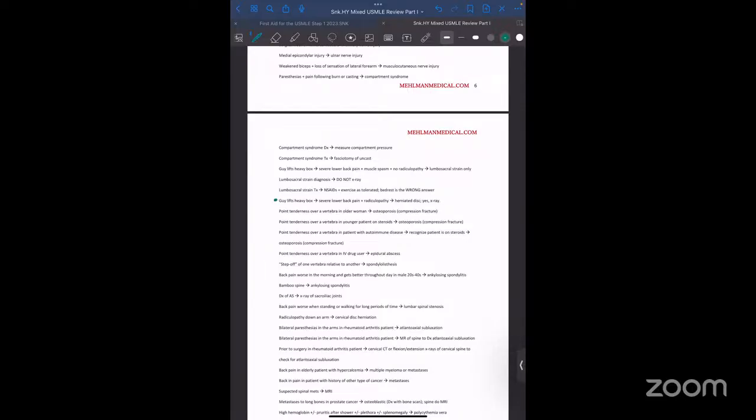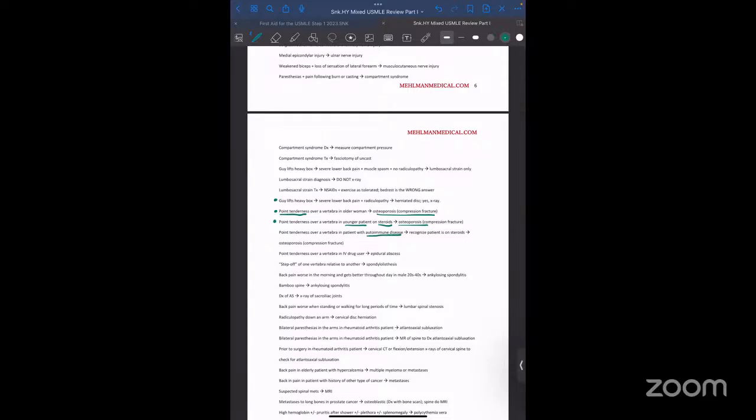Point tenderness over vertebra in old women. Point tenderness is the keyword: osteoporosis, compression fracture. Point tenderness over a vertebra in a younger patient who's taking steroids, also osteoporosis, also compression fracture. Right. Point tenderness over a vertebra in a patient with autoimmune disease.